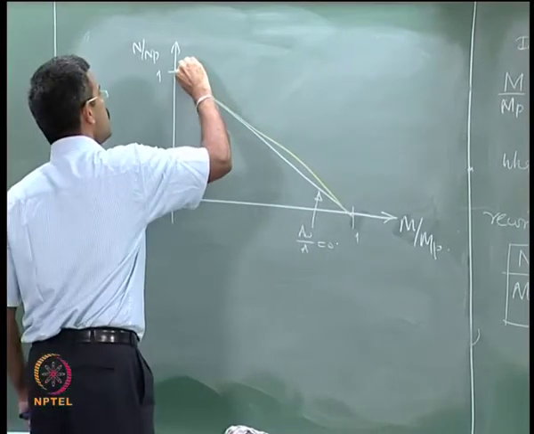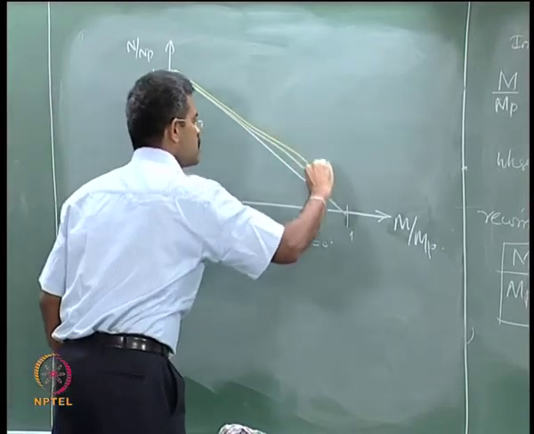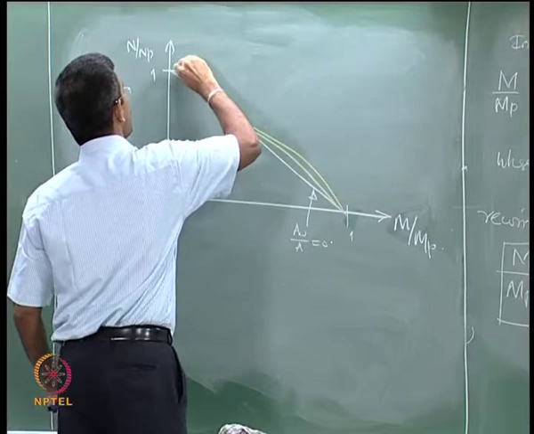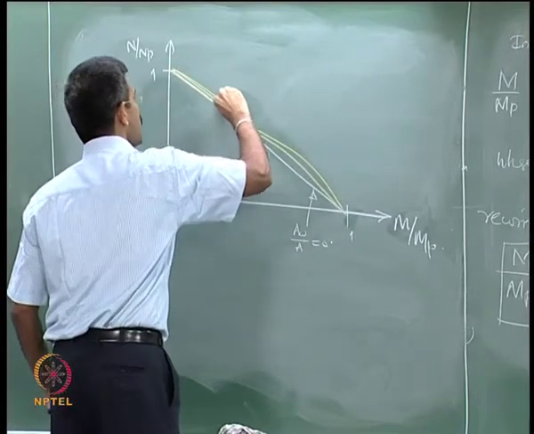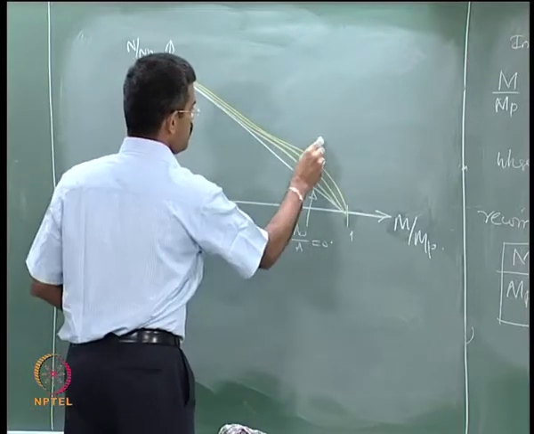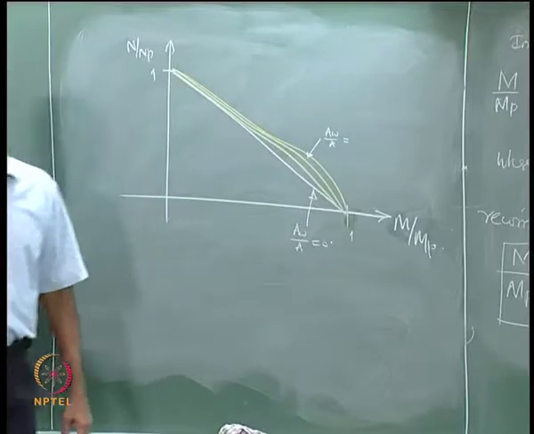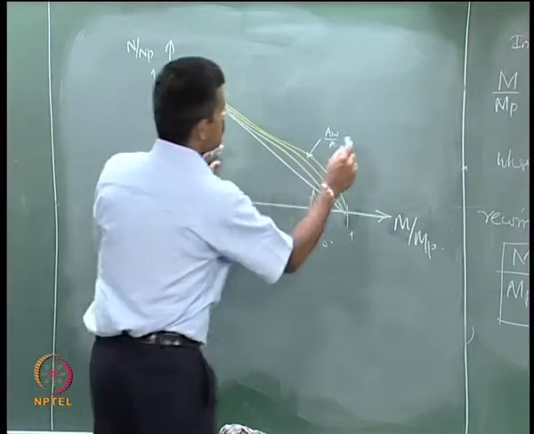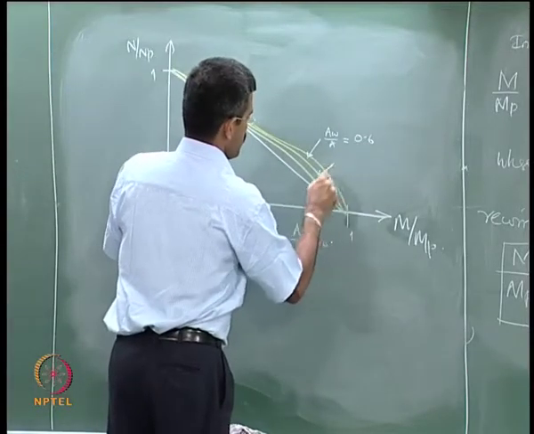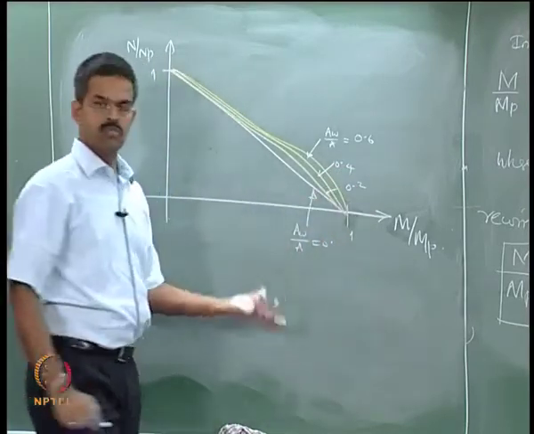then parallel and bulges out, parallel and bulges out, for different values of AW by A of 0.6, 0.4, 0.2 and so on.